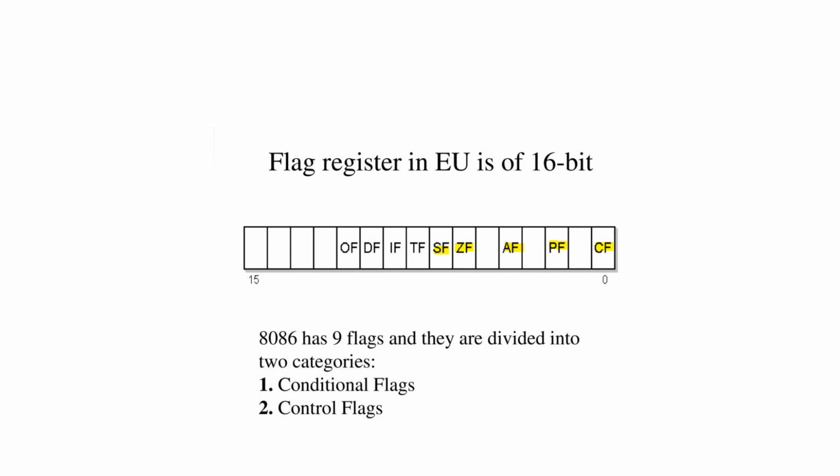And TF is nothing but trap flag. Already we know that among the various interrupts, trap has the highest priority. Once that highest priority is enabled, this will become 1. If it is 1, the trap interrupt has arrived.